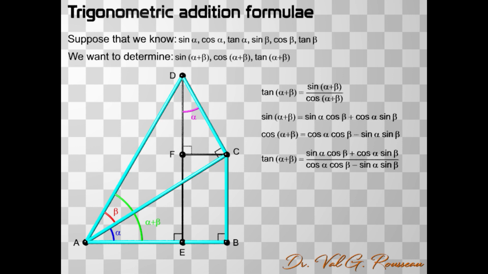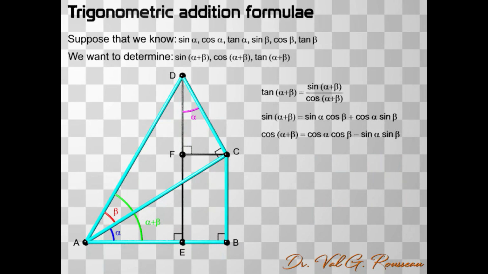All we have to do is to divide both the numerator and the denominator by cosine alpha cosine beta. Let us first divide by cosine alpha. Then sine alpha becomes tangent alpha and cosine alpha becomes 1. Now, if we divide by cosine beta, sine beta becomes tangent beta and cosine beta becomes 1.